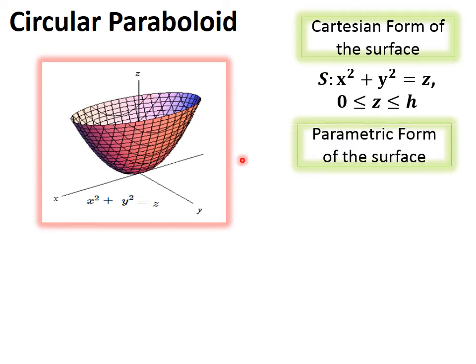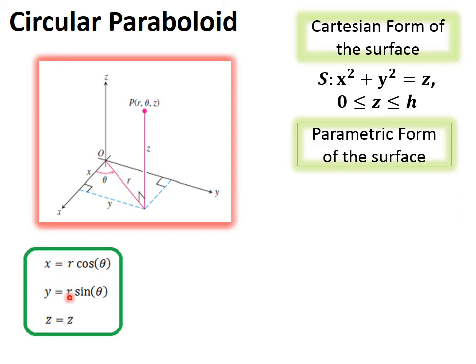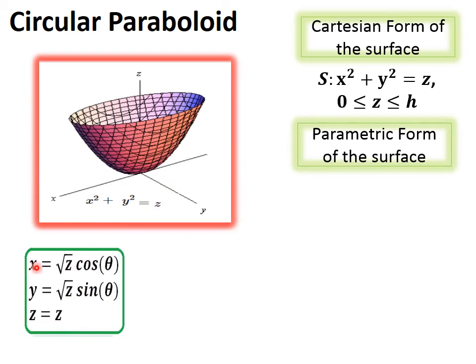Here also the surface has angular variation as well as height variation. So the appropriate transformation is the cylindrical coordinate transformation. Here the radial distance r can be taken as square root of height, which is square root of z. So x equal to root z cos theta, y equal to root z sin theta, z equal to z.